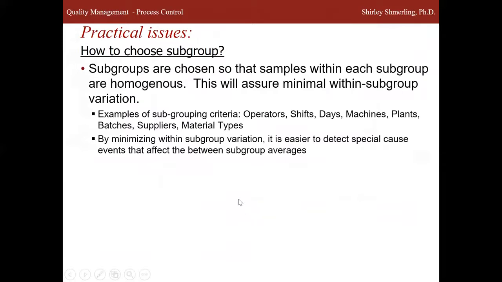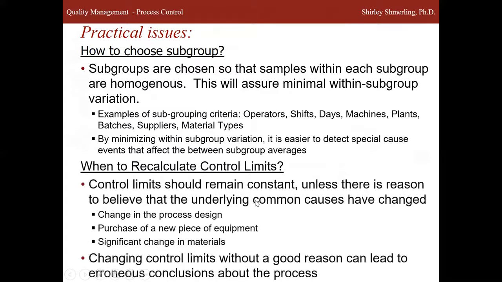So therefore, we will look at things that are homogeneous, like the same operator, the same shift, particular days, machine, plants, suppliers, material types, and so forth. By minimizing the variation within the subgroup, it will be easier to detect special cause of variation that affect the averages between the subgroups.